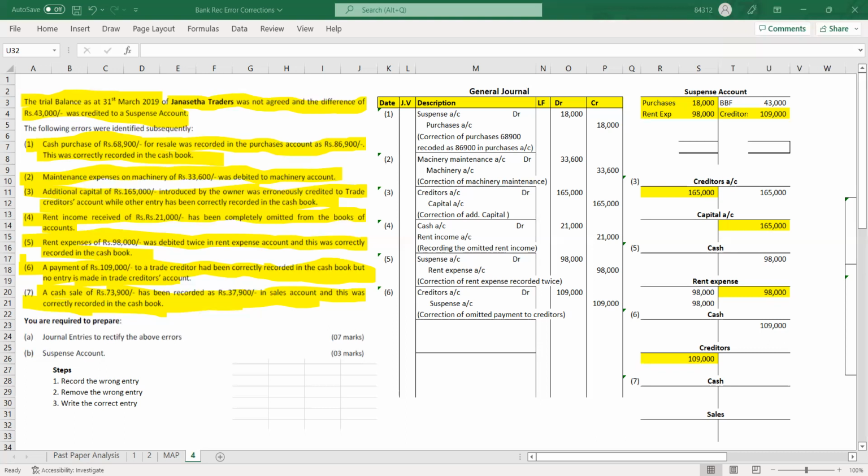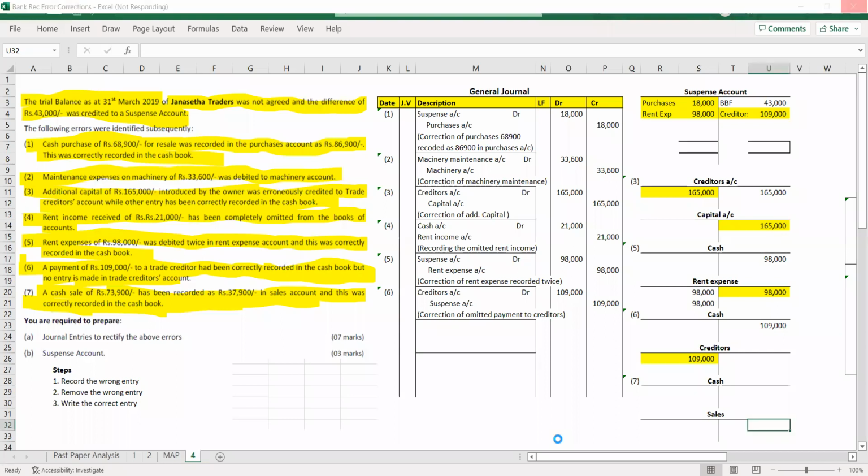So for the double entry, you need to find out the difference.